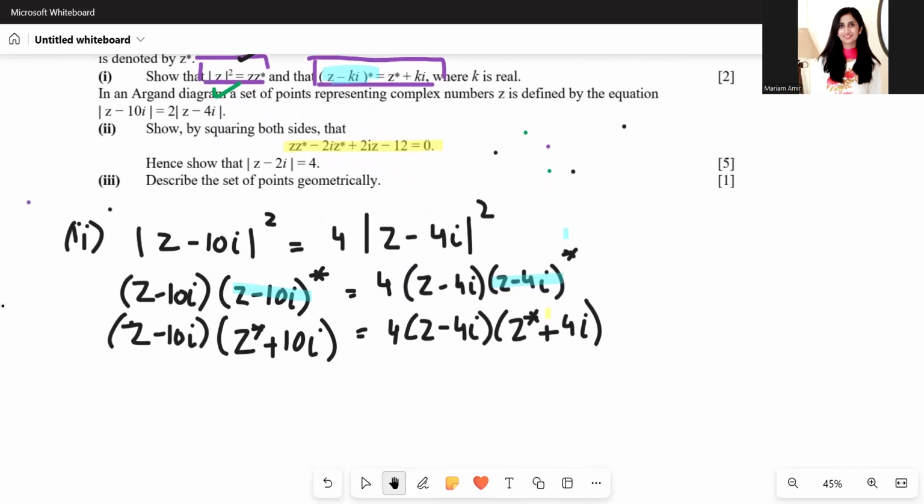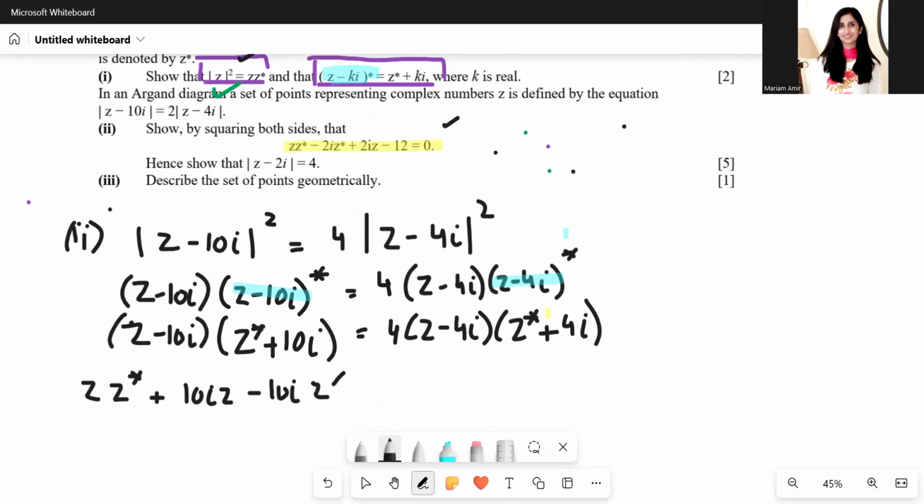Now we expand both sides and hopefully we'll get this in the end. So z times z conjugate plus 10iz minus 10i z conjugate minus 100 i squared.